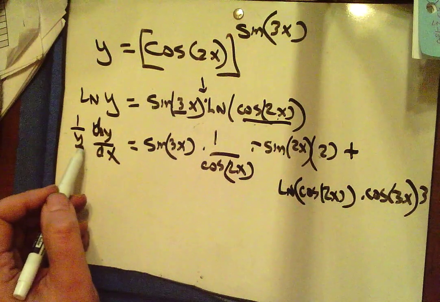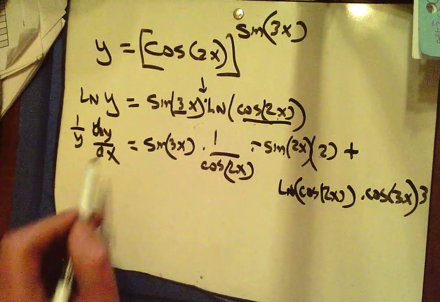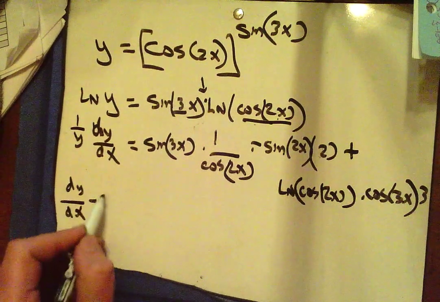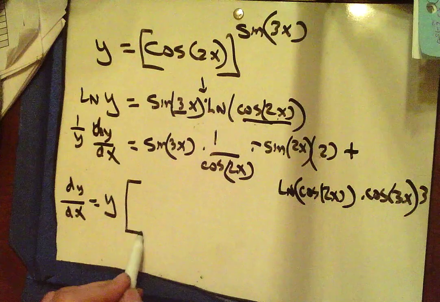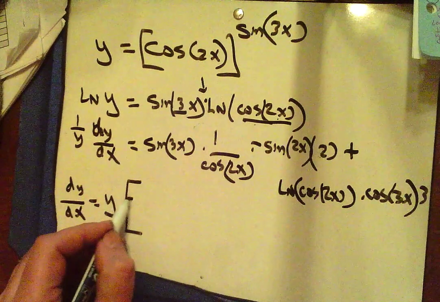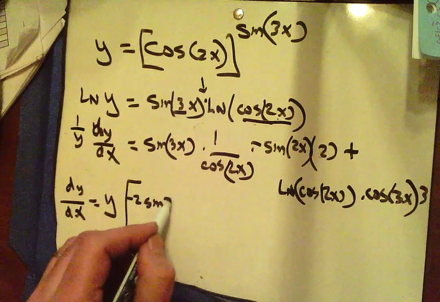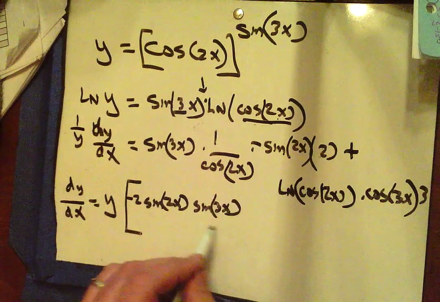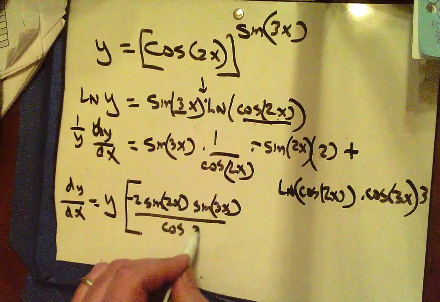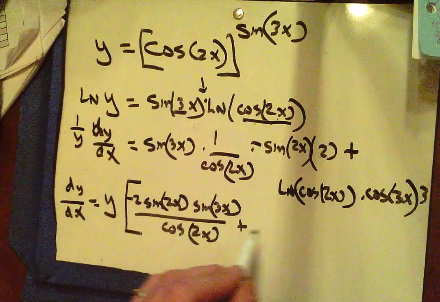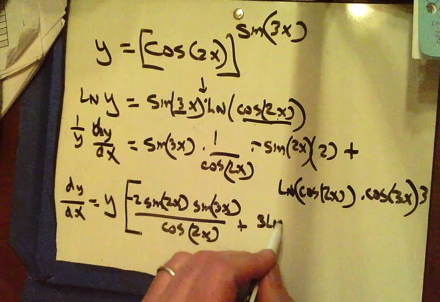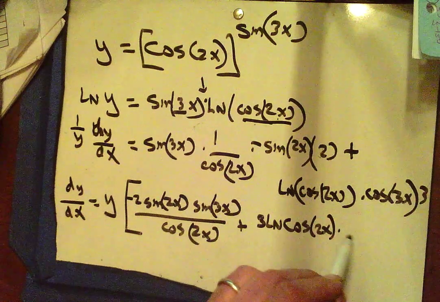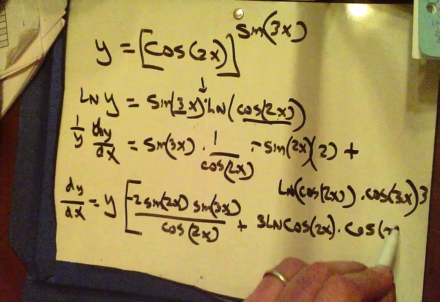And I still have to multiply both sides by y to get dy/dx alone. dy/dx equals y times negative 2 sine 2x sine 3x over cosine 2x plus 3 ln cosine 2x times cosine 3x.